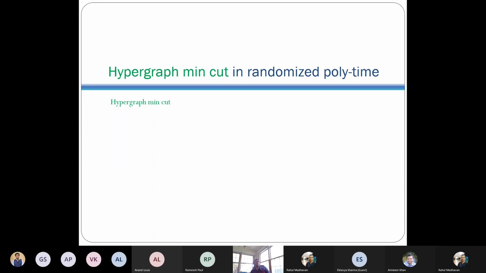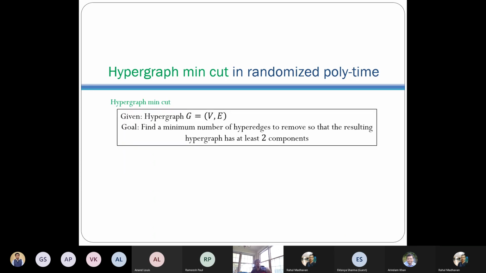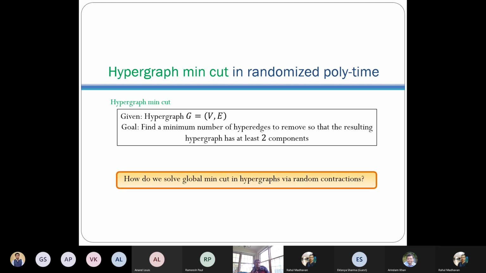So let's first think about how to solve global min-cut in hypergraphs. Here we are given a hypergraph. We would like to find a minimum number of hyperedges to remove so that the resulting hypergraph has at least 2 components. This is our problem, and we want to solve it via random contractions.